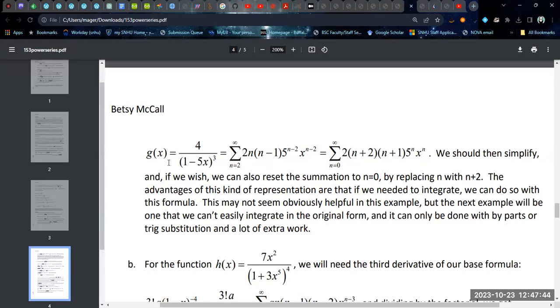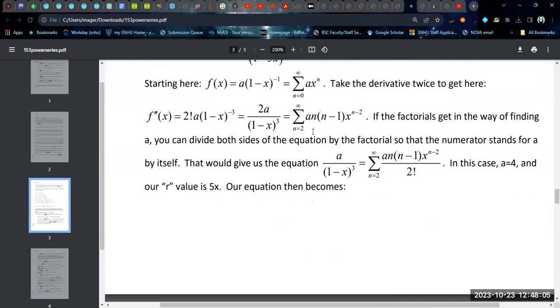Here I've plugged in my a is 2, and my 5 to the n is raised to 5 to the n minus 2, and x to the n minus 2 in both cases. And then my formula was n and n minus 1 in our original derived case.